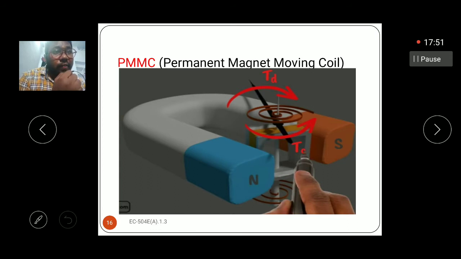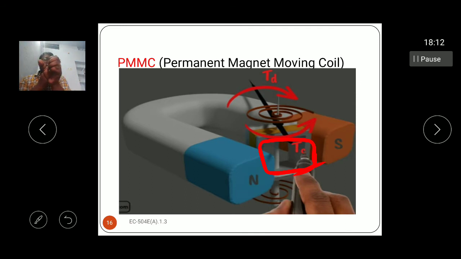After that, if you observe, this one is the aluminum base. In the aluminum base, at the top, clearly observe the copper coil is present. The copper coil is rotated in a clockwise direction.